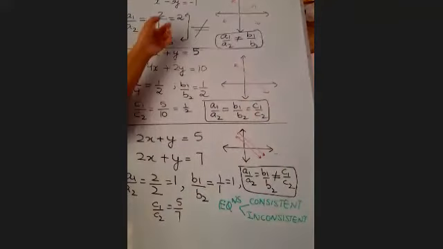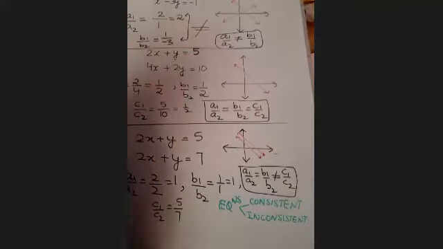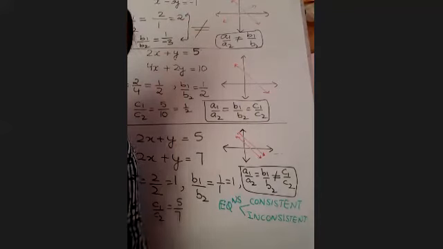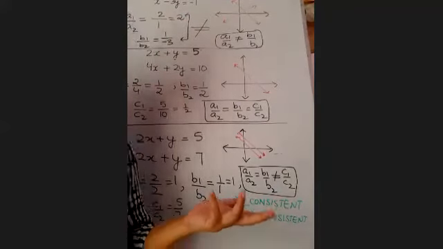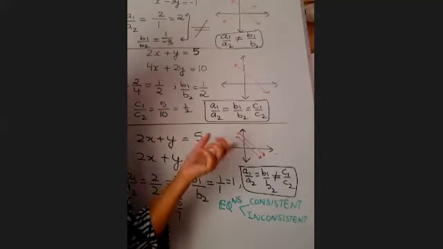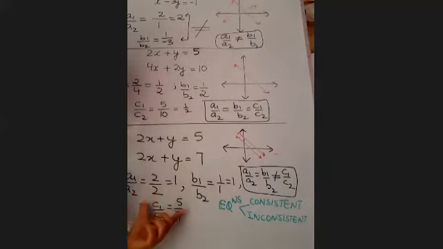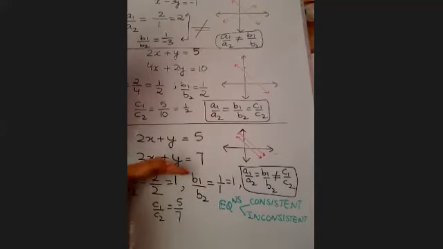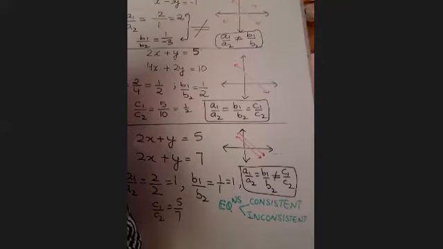Now in the first case, you are getting a unique solution, so equations will be consistent. In the second case, you are getting many solutions, consistent. But in the third case, you are not getting any solution. So what will be the nature of equations here? Inconsistent.